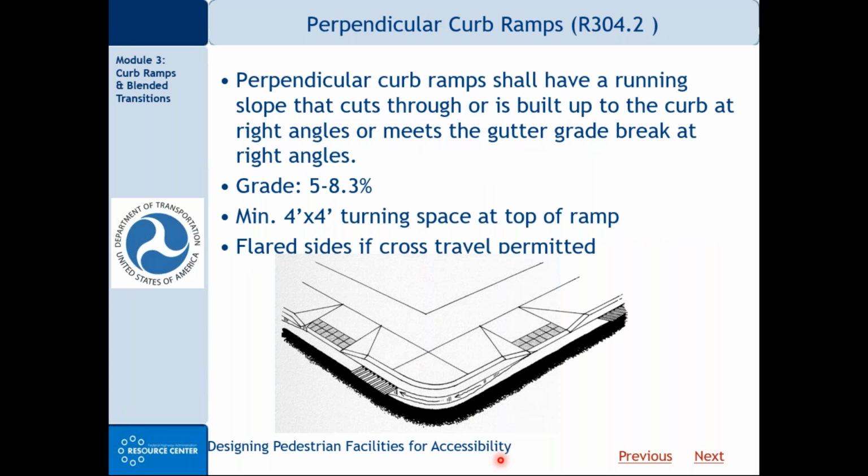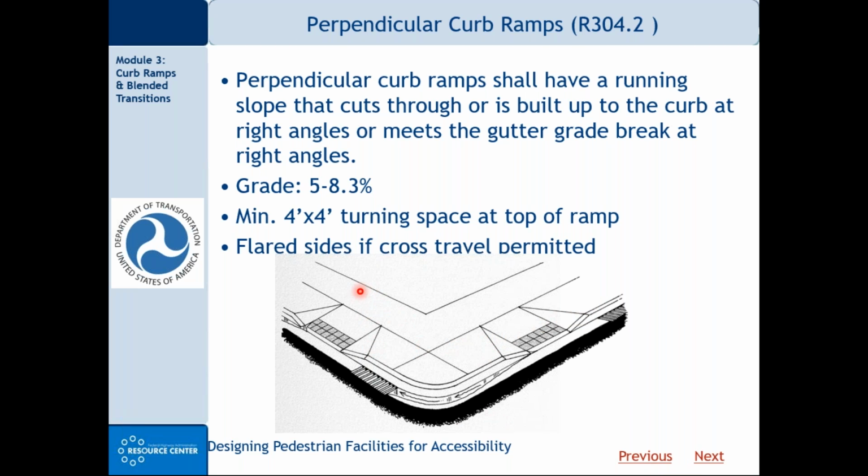We'll start by looking at perpendicular curb ramps. Notice with perpendicular ramps, there's 2 ramps per corner. So there's a ramp for each crosswalk at this corner. Notice there should be a level turning space at the top. And if the ramp is in a pedestrian circulation area, a sidewalk like this one appears to be, we need to have the flared sides.